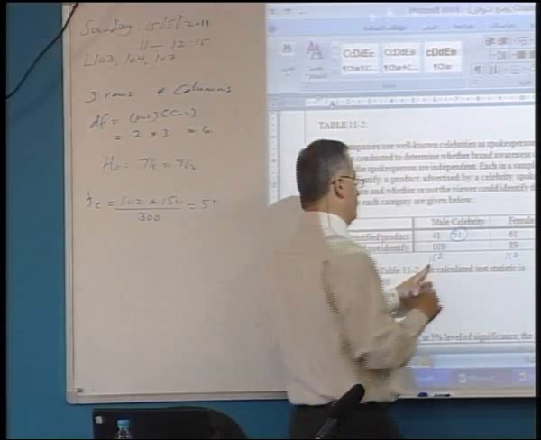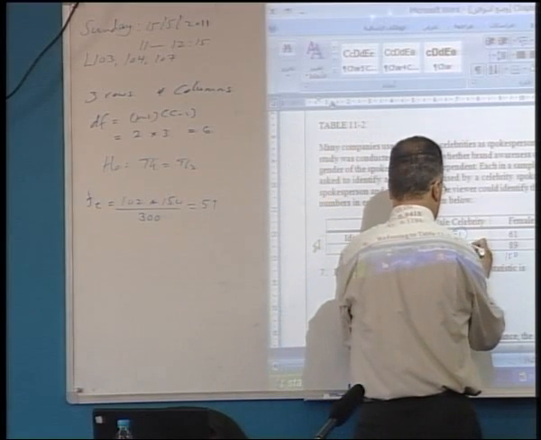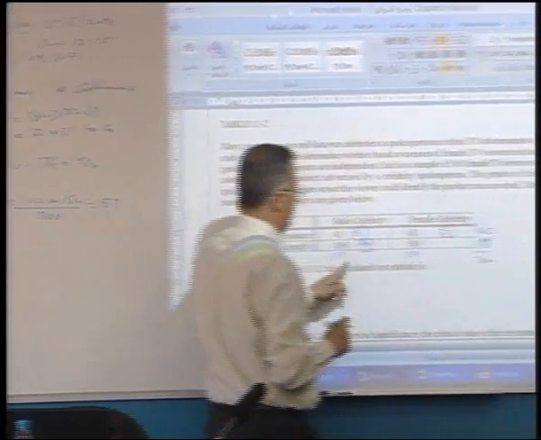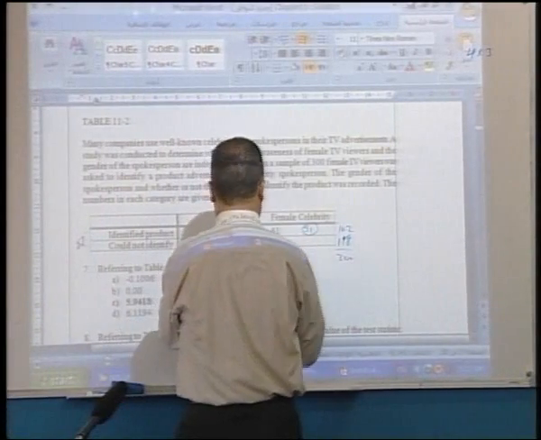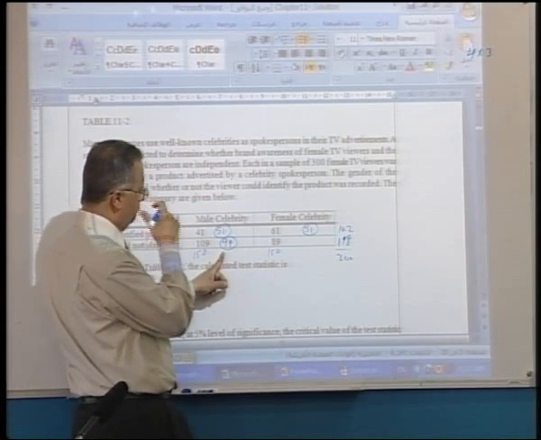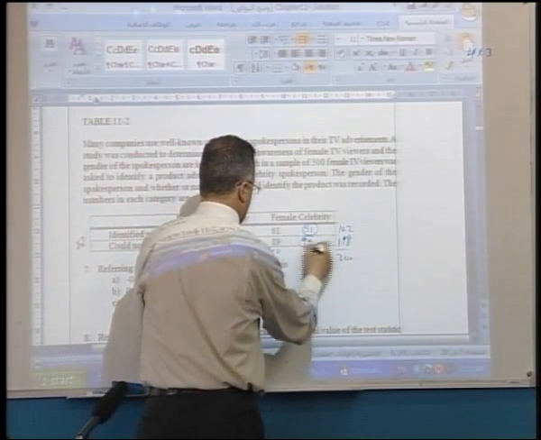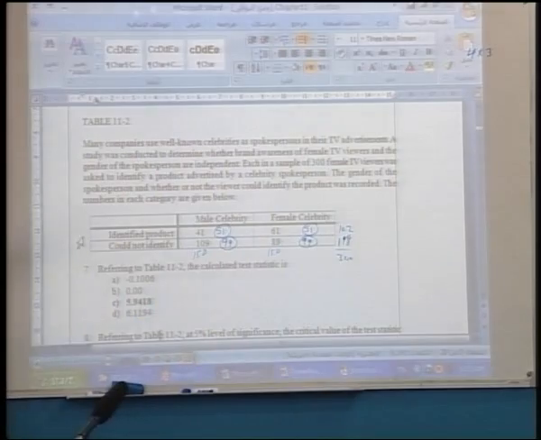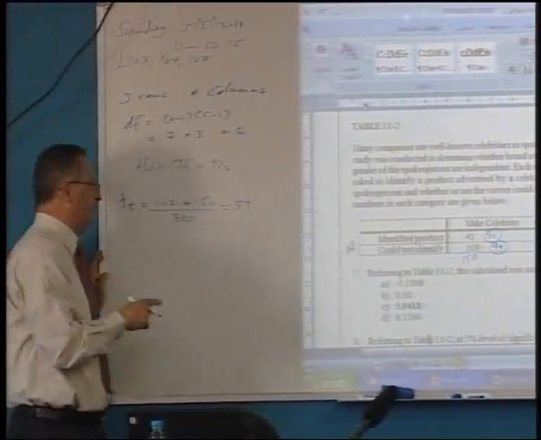Now here it is 99, and this is 99 as well. So these are the expected frequencies.